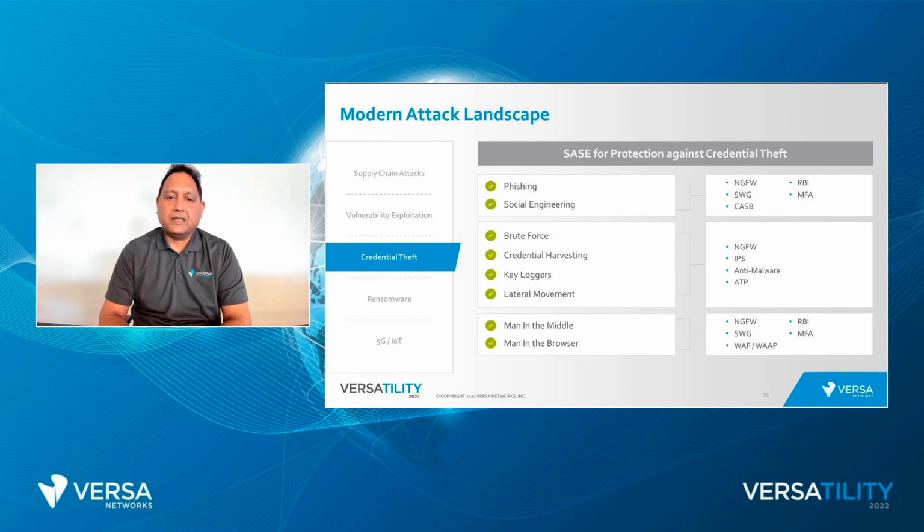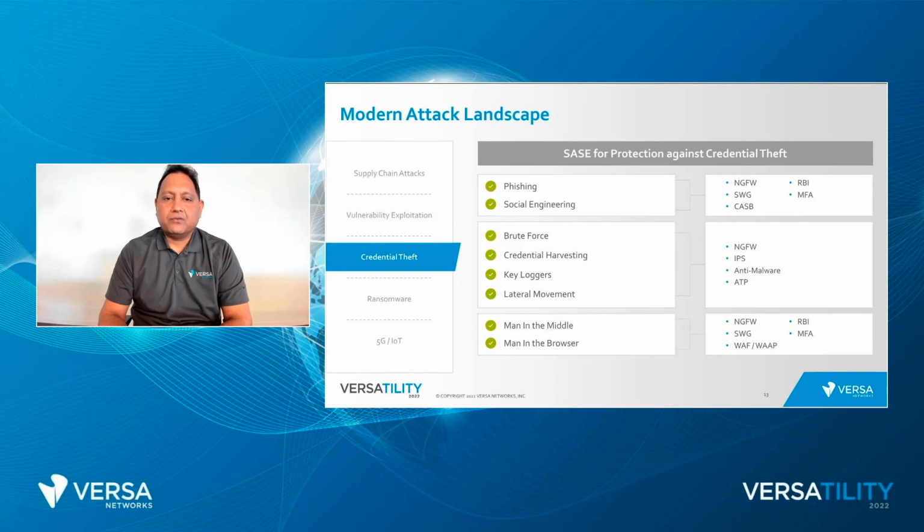If the user clicks on that, they go to a virtual browser, which makes that page preview-only, and they cannot interact with it. We can prevent a lot of those kinds of phishing attacks. Similarly, the next-gen firewall and secure web gateway all provide a lot of defense mechanisms to prevent phishing and social engineering attacks.